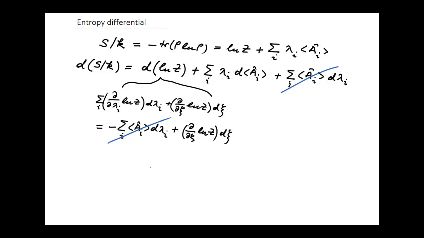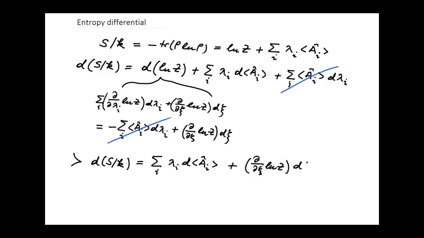So overall, you find that the differential of S over K is equal to the sum over I of lambda I d of the expectation value of AI, plus d over d psi of log z d psi. Yeah? So this is the total differential of the entropy.